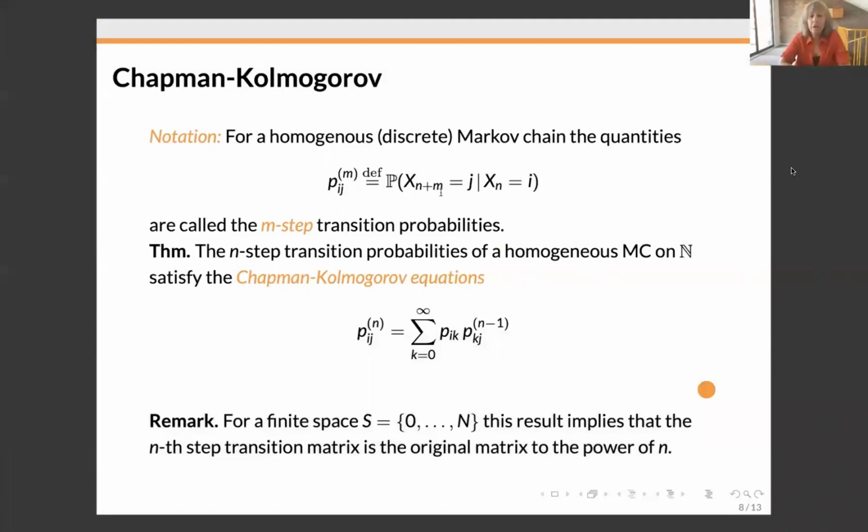The theorem tells us that the n-step probability P_ij^(n) can be computed in terms of the (n-1)-step transition probabilities. If you work in computer science or mathematical logic, these Chapman-Kolmogorov equations are basically a recursion: they work by recursively applying the same concepts for a smaller step. We're going to see now a visualization of how this works.